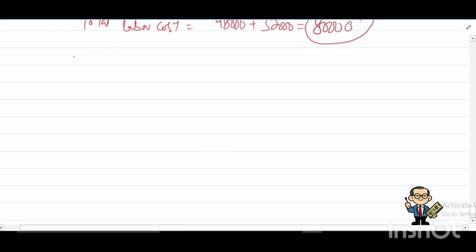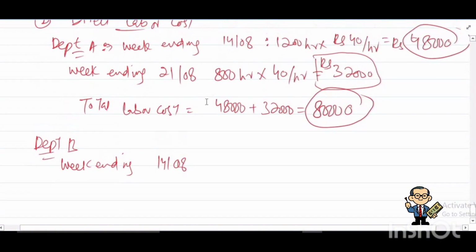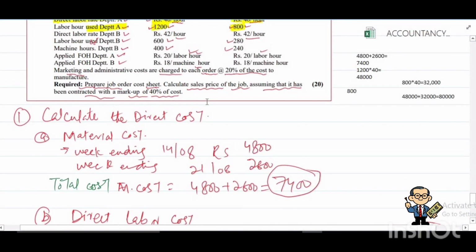And I assume that you people have the answer, the question and hard form, so it will be easy for you guys to understand. So this is the department B. The week ending was 14/08, and the hours consumed were 600.